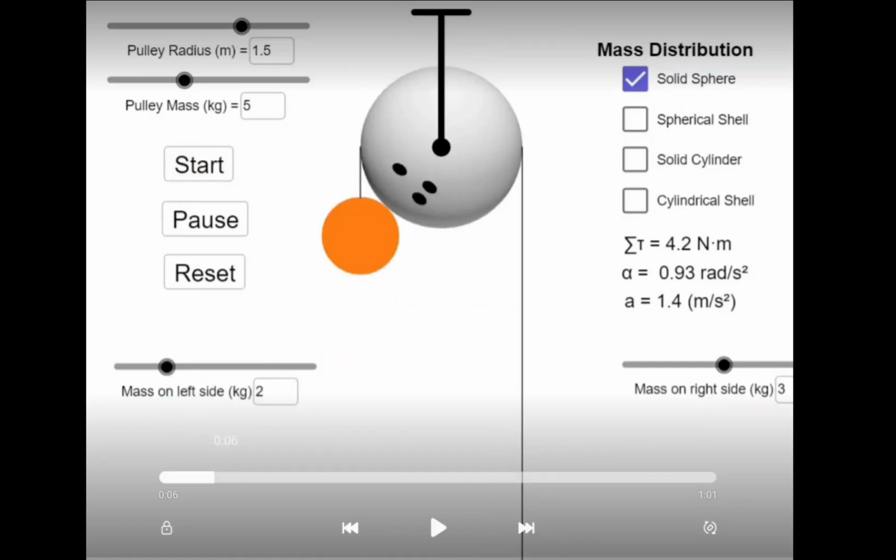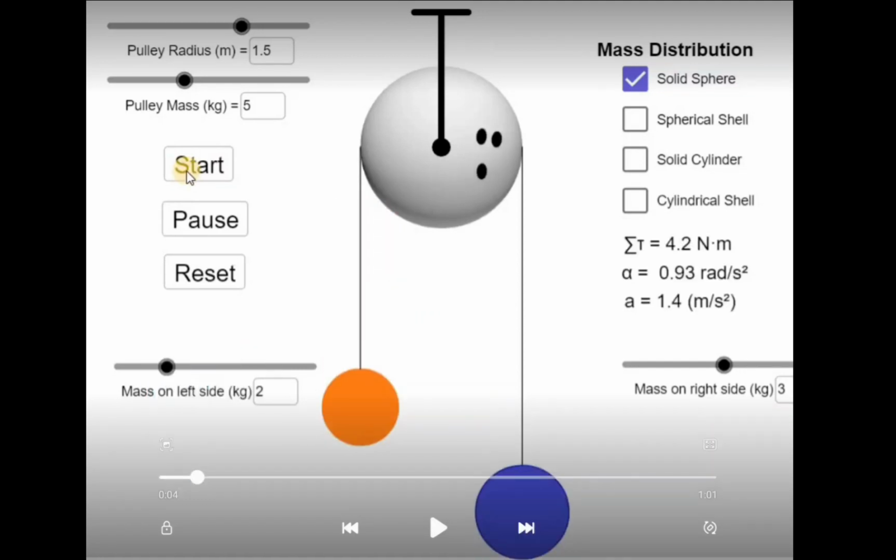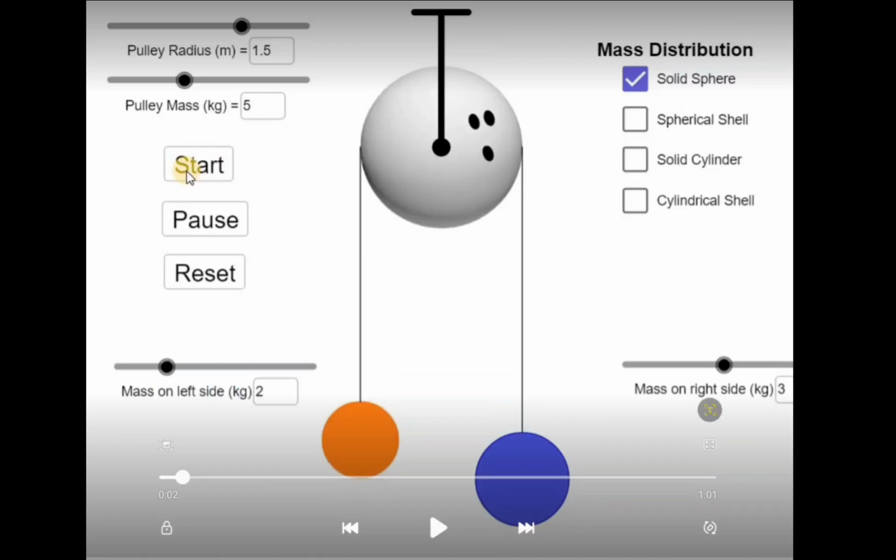Now let's analyze the situation. For this object here, the 3 kilogram one, we have two forces: weight, m1g, and tension. In this case it's equal to tension 1, and remember this tension is different than this one here.